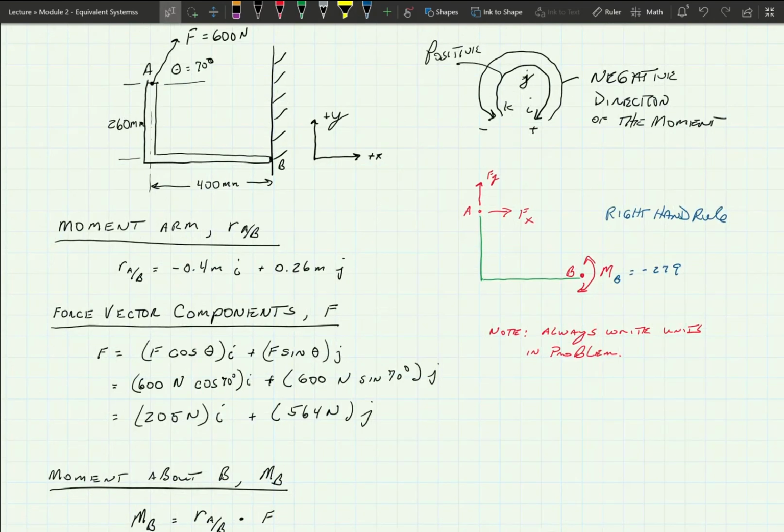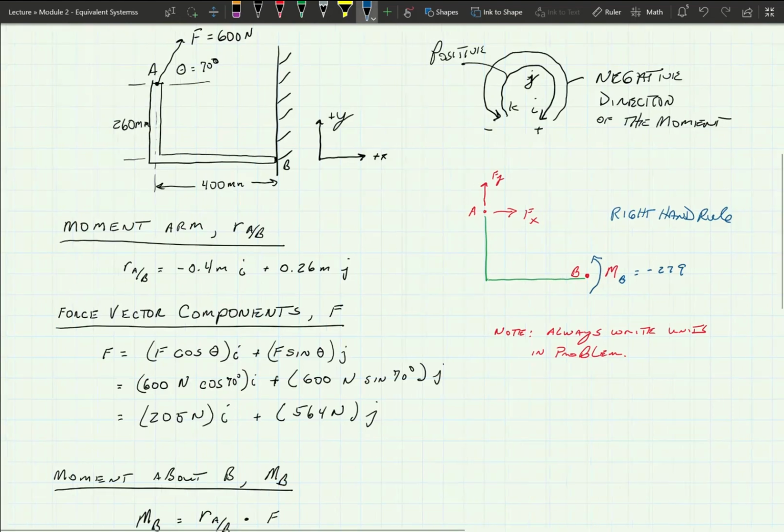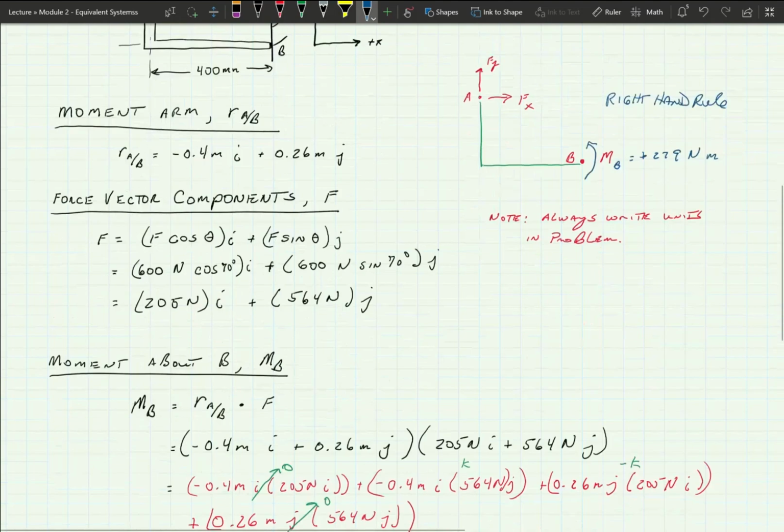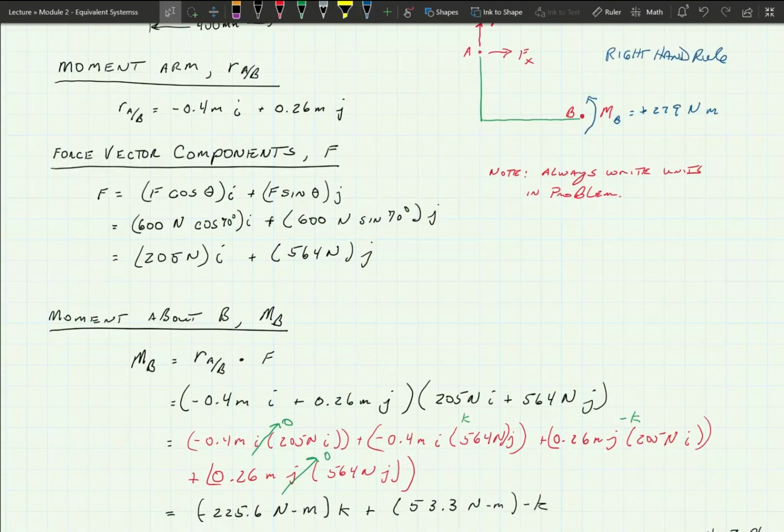So if I'm negative, I am going to the right, which means my moment here is going to be that way. And this just becomes positive at that point, and that's Newton meters. But that tells me that my thumb is pointing into the surface. Did I do that math right? Something's really messing me up here.